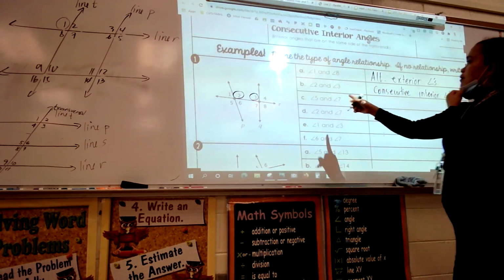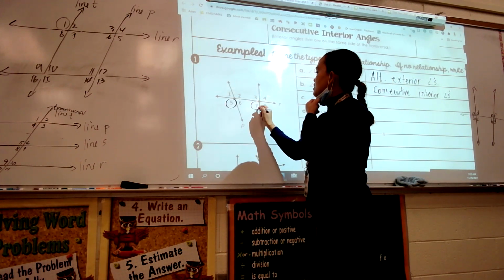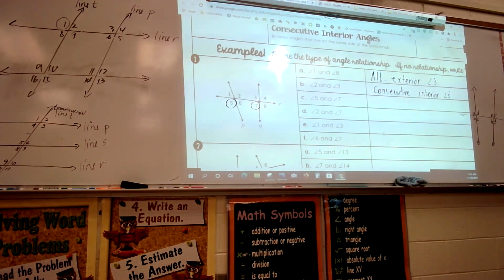Next. 5 and 7. Look. 5 and 7. They are in the same location. What type of angle relation is that, Iman? You know? Consecutivo externo. Dicen consecutive externo. They are in the same position.